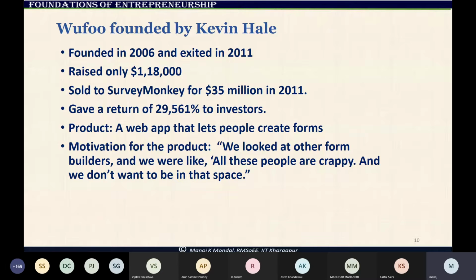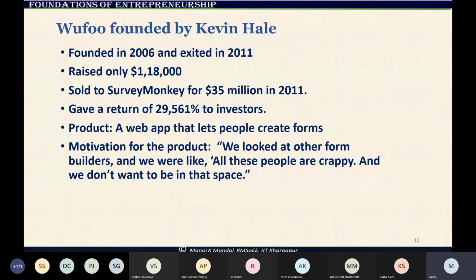Somebody needs a lot of effort to make a form. It was very difficult. Then he thought perhaps many people like me also felt the same way. So he was trying to empathize with himself, and in the process, with many other people. So he thought, let me do something. Then he started building an app where people can create forms.